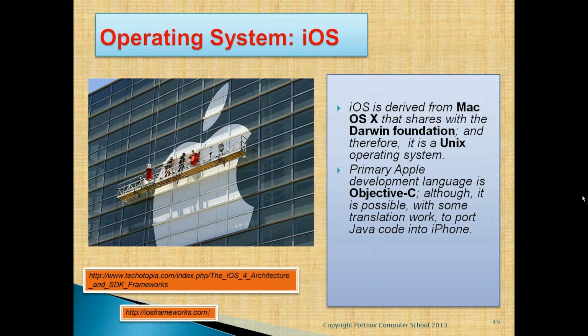I already told you that iOS is derived from Mac OS X plus a combination of the Darwin Foundation, which is a Unix system. So here could also be a logical question, and it happens 50% of the time: okay, so what is the difference between Unix and Linux, really? And again, it's all marketing. Unix was older. It was created in 1969 for scientific and military use. Naturally, it was a closed proprietary system, which you could not easily get in public.